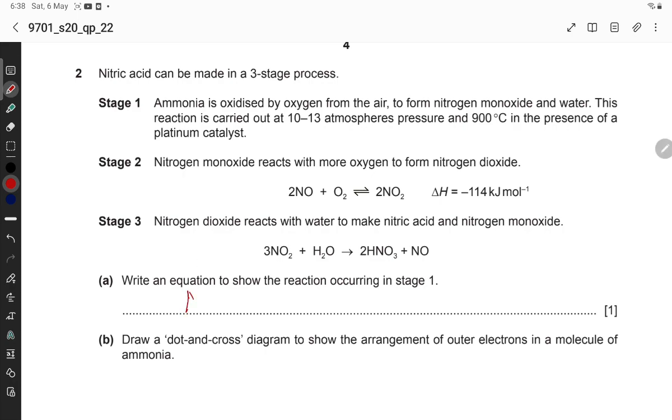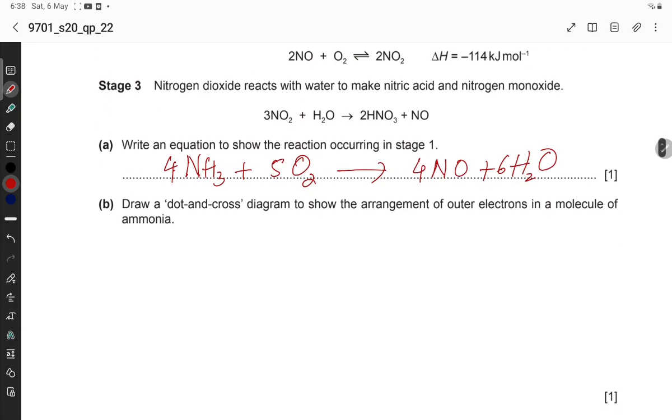Draw a dot and cross diagram to show the arrangement of outer electrons in a molecule of ammonia.